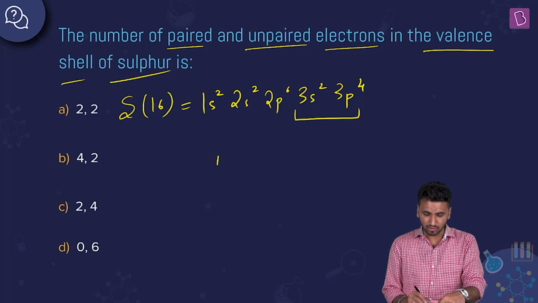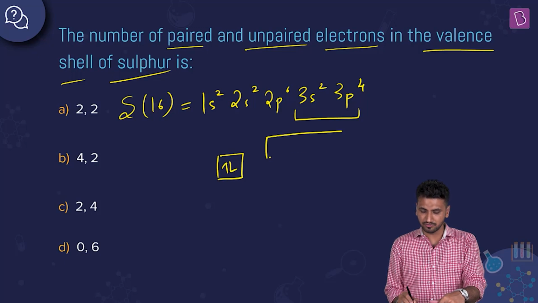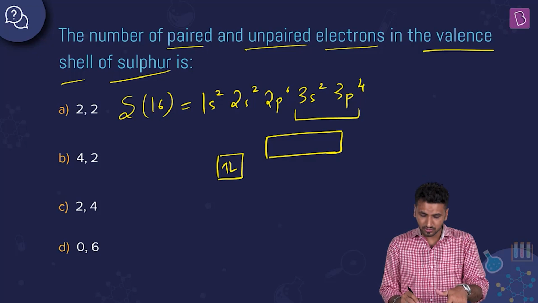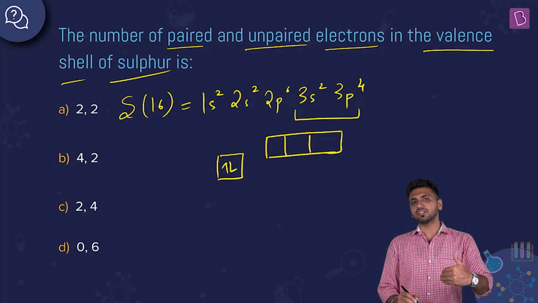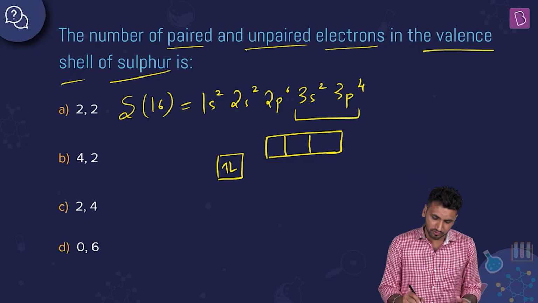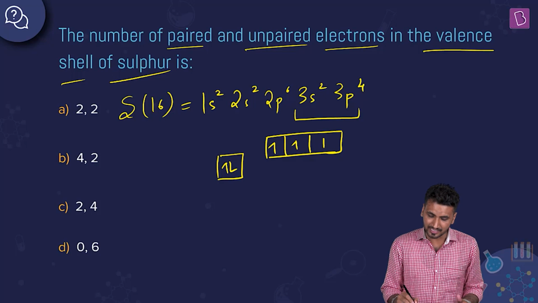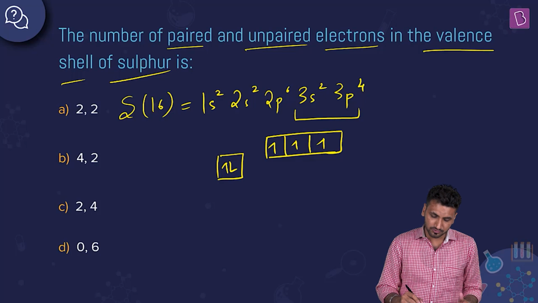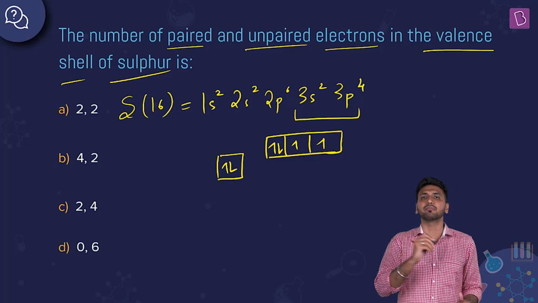So if I draw 3s2 in this fashion, 3p4, energy wise 3p is higher, so 3p has 4 electrons. According to Hund's rule of maximum multiplicity, you are going to fill them first singly, right? And now all 3 orbitals are filled, so the fourth electron is going to be paired up, right?